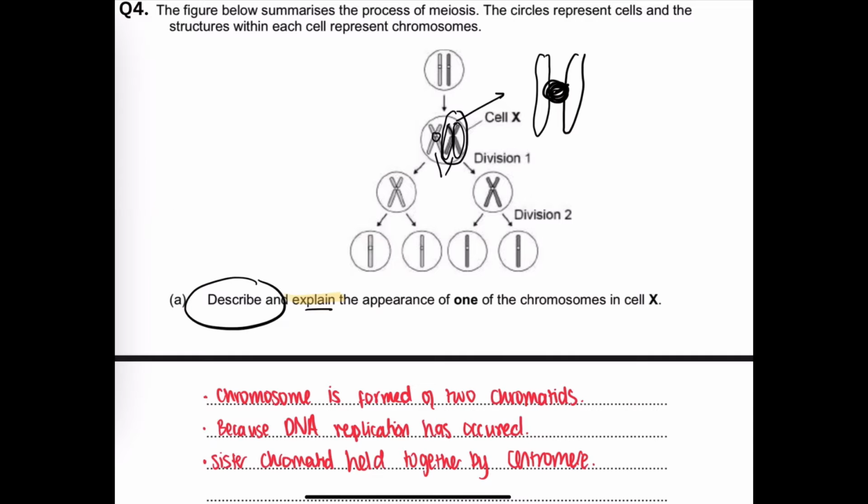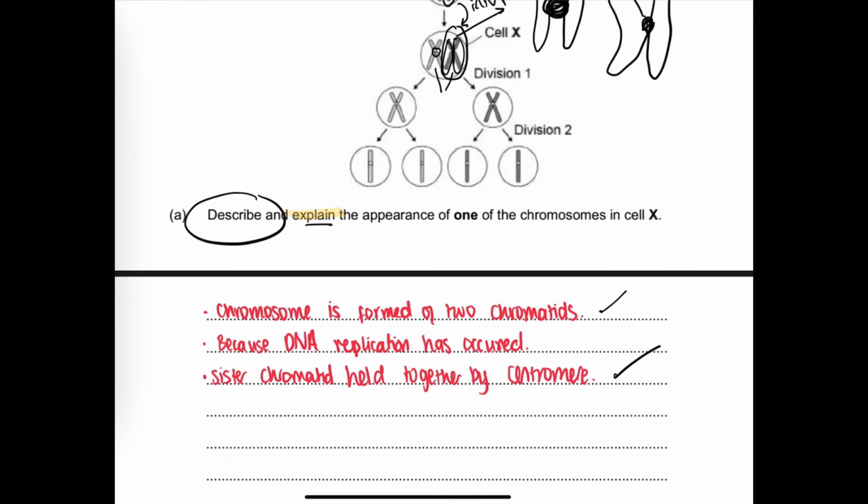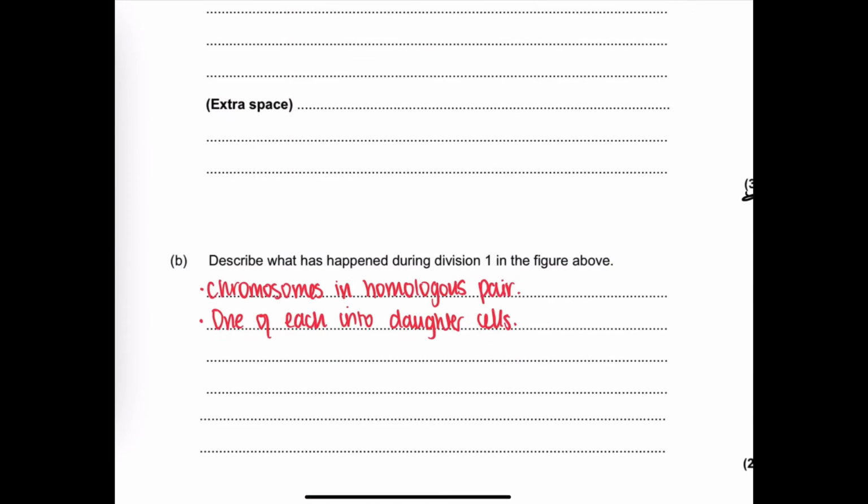That already is 2 marks. Why this happens is that usually it's just 1, as you can see over here. However, because DNA replicated during interphase, that's why that second one came. So the explain part is because DNA replication has occurred.